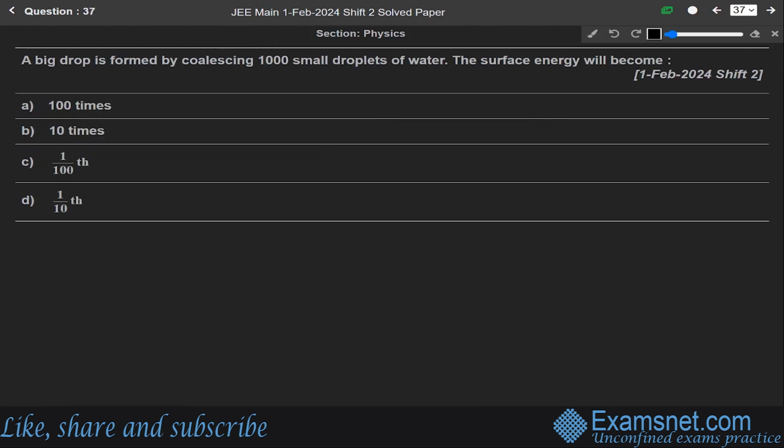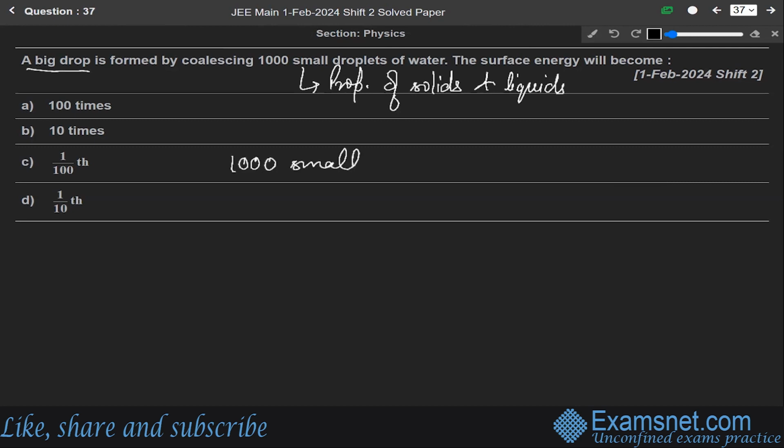Now, next question 37. A big drop is formed by coalescing 1,000 small droplets of water. The surface energy will be? This question is from the chapter of properties of solids and liquids. Since 1,000 small droplets make one big drop, the volume of the 1,000 small droplets will be equal to the volume of the big drop.